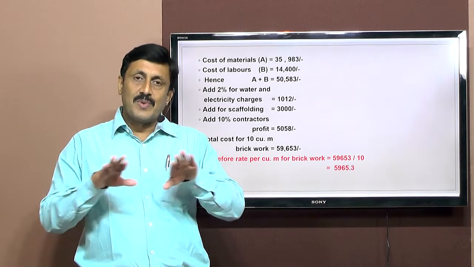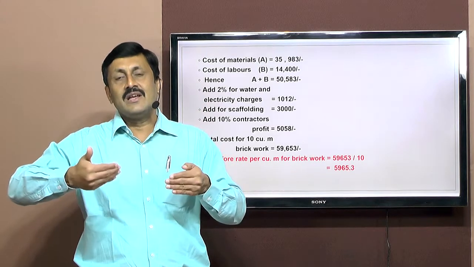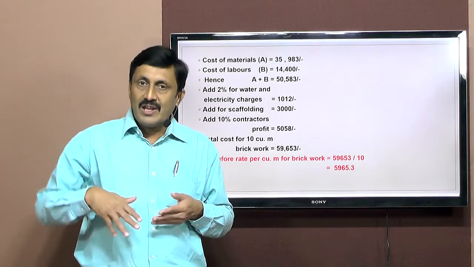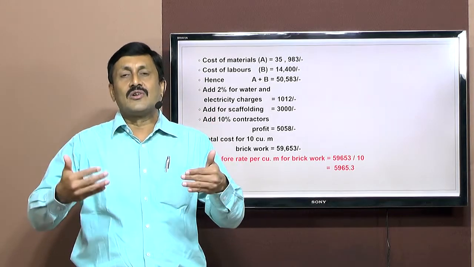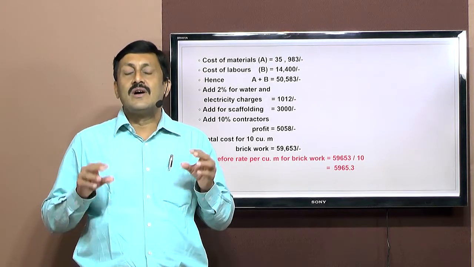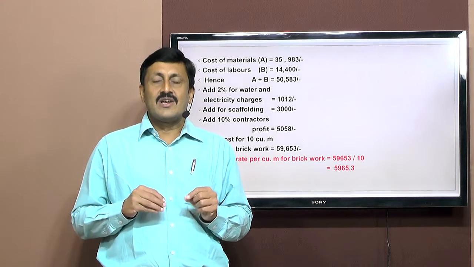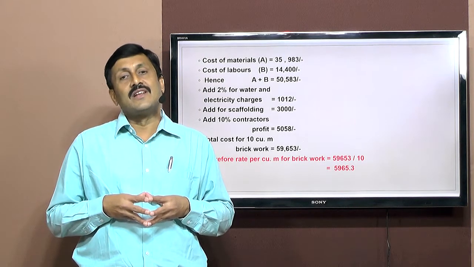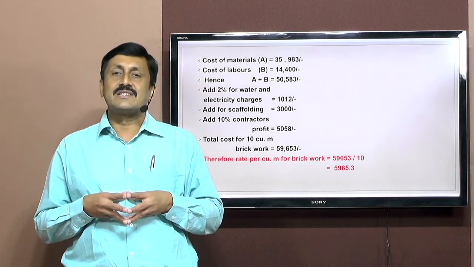You have to divide it into parts like this: A materials, B labors, A plus B, then add for water supply and electricity, add for scaffolding if any, add for contractor's profit, find out the total cost divided by the quantity which you have assumed, that will give you rate per unit. So for this rate analysis for brickwork, we have calculated 5,965. You can round it to the higher side, that is 5,966 also.